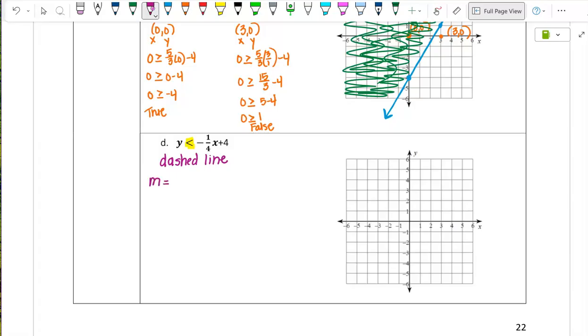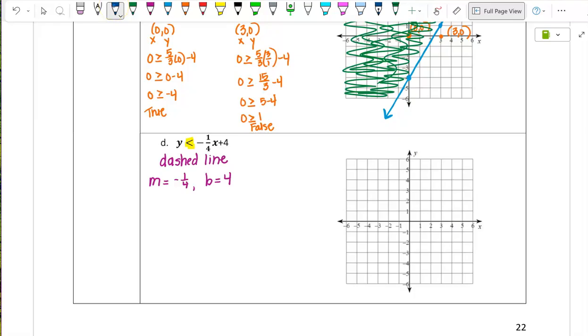And what is going to be my slope here? Negative 1/4, and my y-intercept, 4.